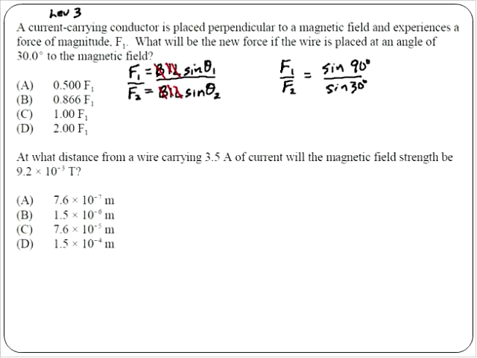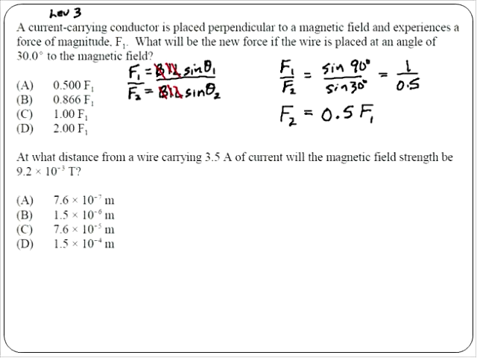That's the second angle. So essentially what that means is sine of 90 is 1. The sine of 30 is 0.5. So what I'm going to do is this. I'm going to cross multiply. I'm going to say that 1 times F2 is F2. And then I got F1 times 0.5, or 0.5 F1.